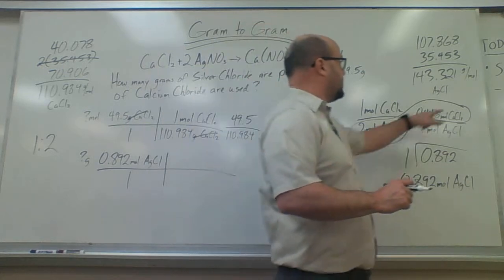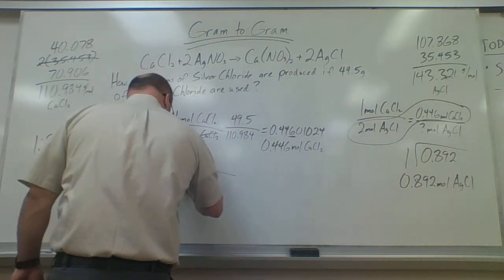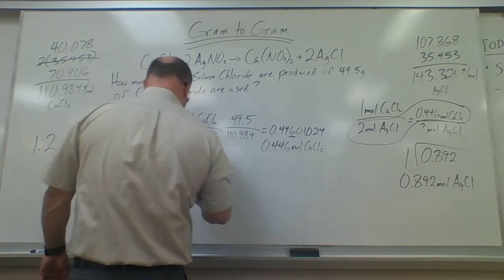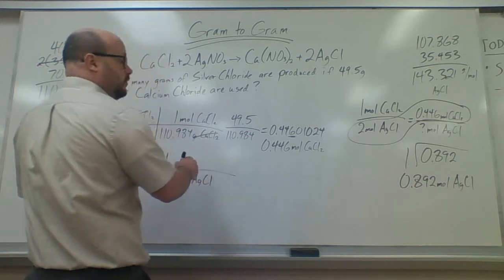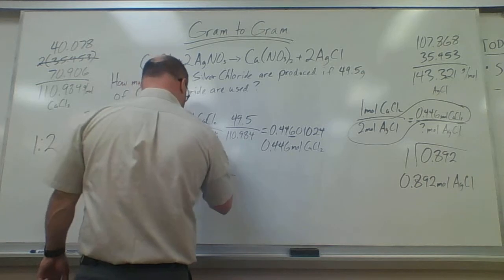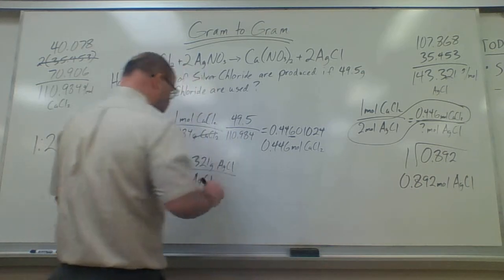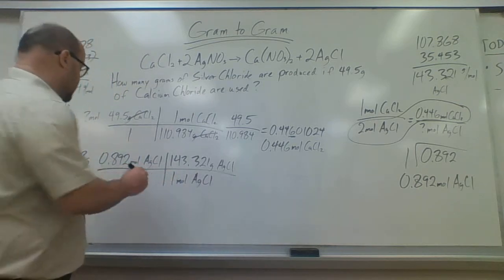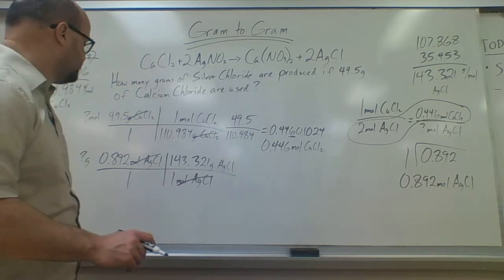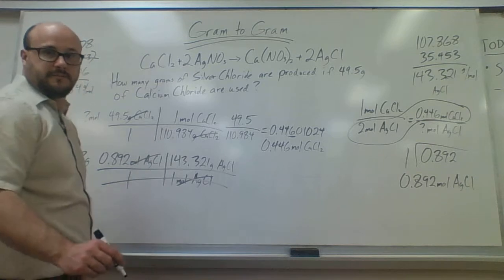We have moles on top, so we want moles on bottom to cancel out. So 1 mole of AgCl comes out to be 143.321 grams of AgCl. Cancel your units out. Moles of AgCl, moles of AgCl, and then multiply straight across. This is a 1. We can ignore it.